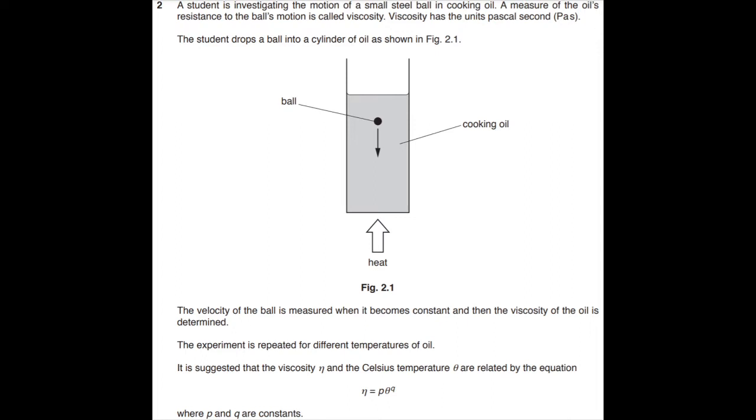It is suggested that the viscosity, that symbol there, and the Celsius temperature theta are related by the equation viscosity is equal to P theta to the power of Q, where P and Q are constants. So that is the function that I was talking about that you need to know how to linearize.